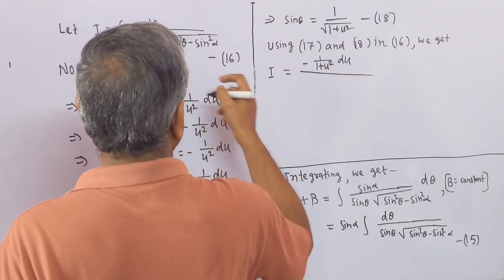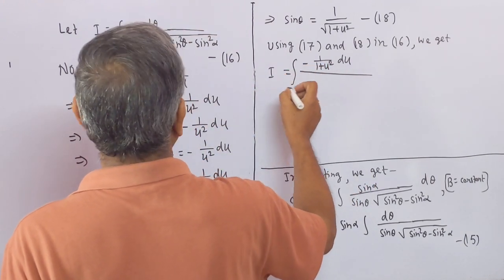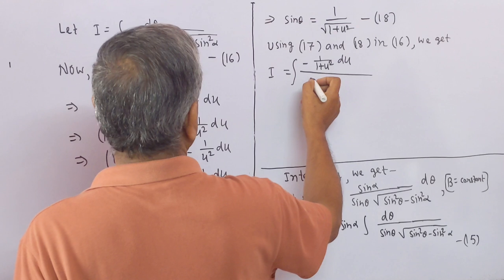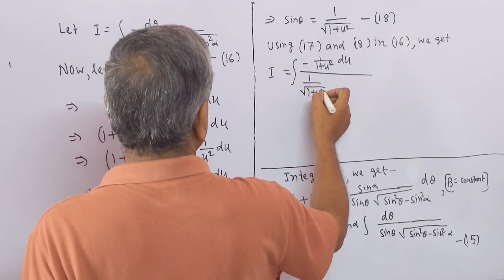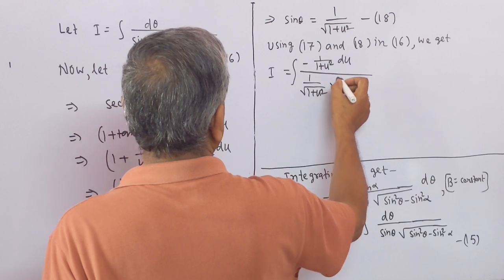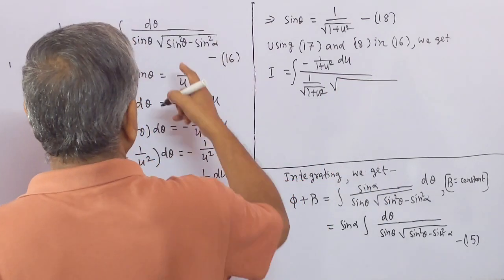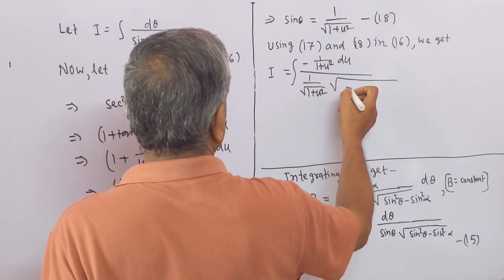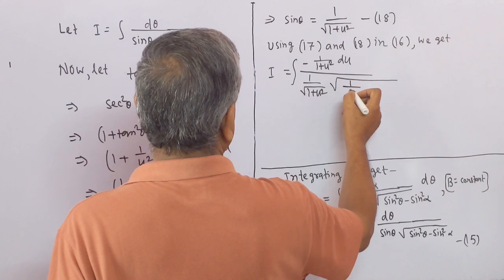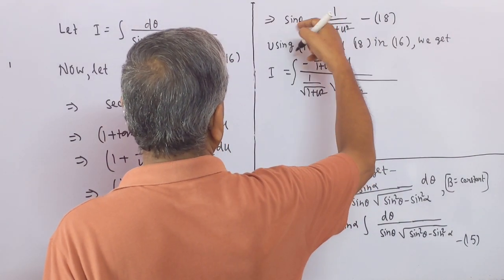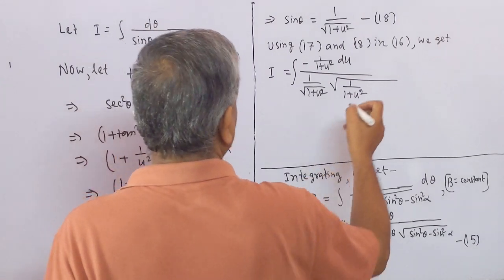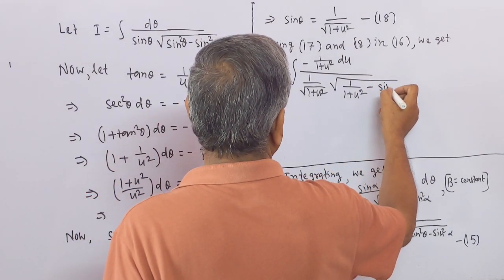Here sin theta means 1 by square root of 1 plus u square, and under the root sin square theta minus sin square alpha is 1 by 1 plus u square whole square.